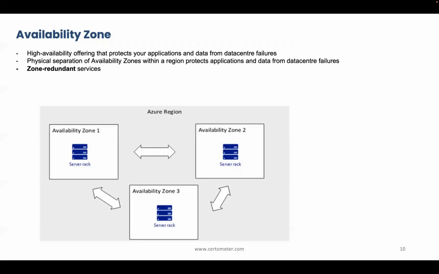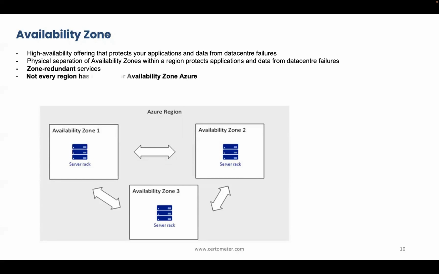This physical separation of availability zones within a region protects applications and data from data center failures, and it also consists of zone redundant services that replicate your application and data across Azure zones to protect from single point of failure. So that is very important.